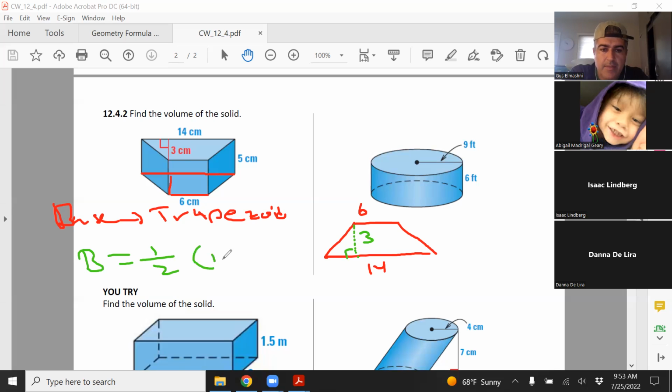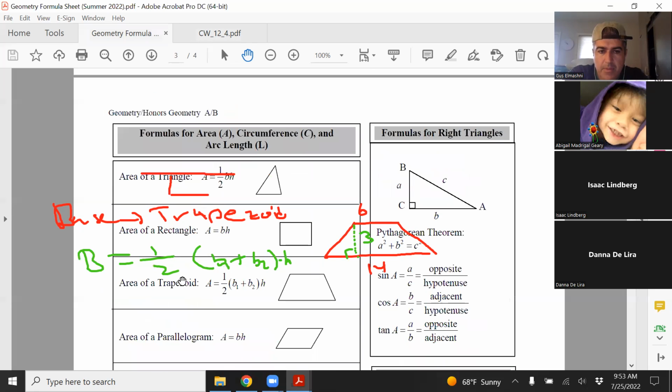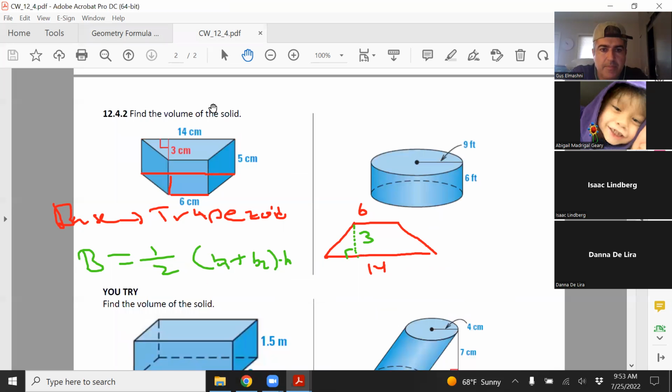There's a formula for that, and actually you could look it up right here. Yes, it's that area, 1/2 times B1 plus B2 times H. Not that hard. So do 1/2 times 6 plus 14 times 3. So you get 30.